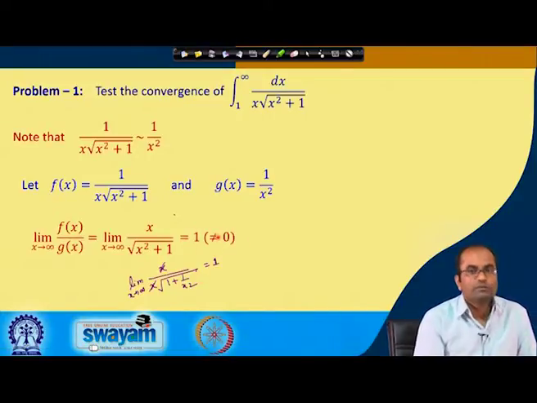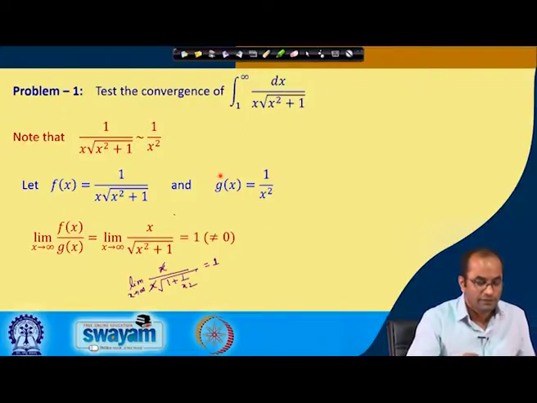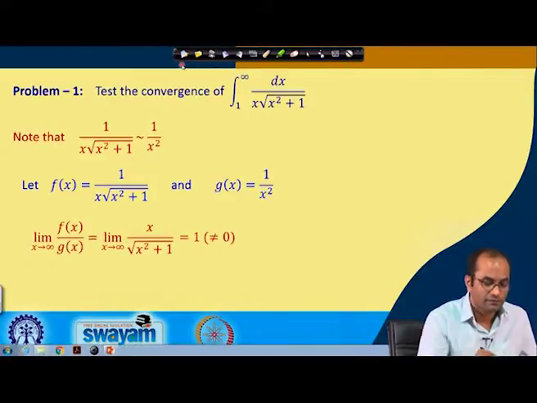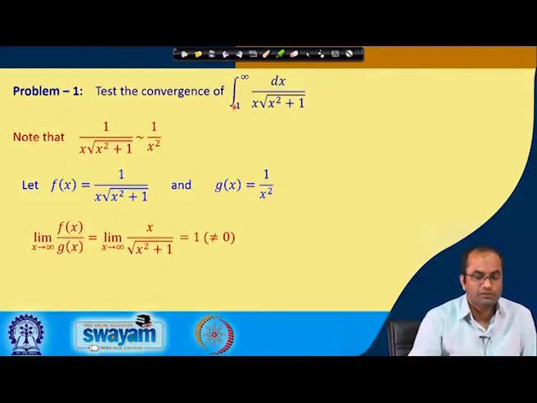So, if this is not equal to 0, our comparison test 2 tells that the given integral will behave similarly to the integral of this g. We already have the result for this integral g, and remember this 1 over x square, from 1 to infinity.